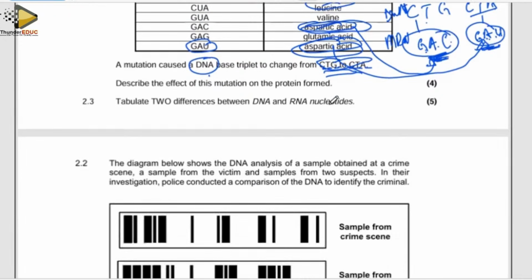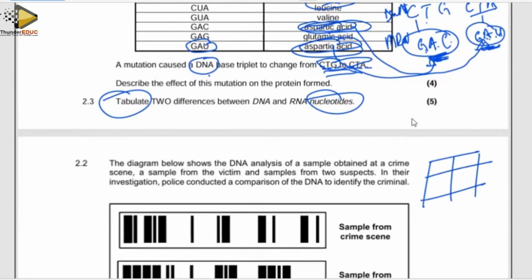Then we go to the next question: tabulate the difference between DNA and RNA nucleotide. If they ask you to tabulate, make sure that you draw a table. The moment you draw a table, that's 1 mark. But don't just draw an empty table. Make sure the headings are complete: DNA nucleotide, RNA nucleotide, and then we'll give you a mark there.